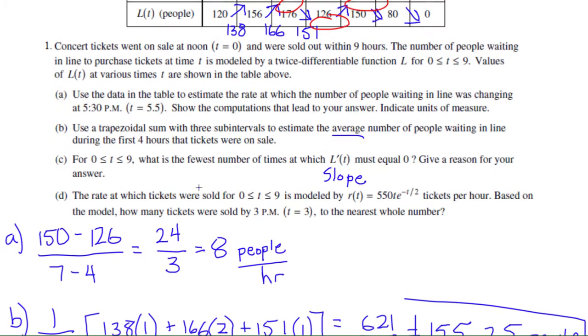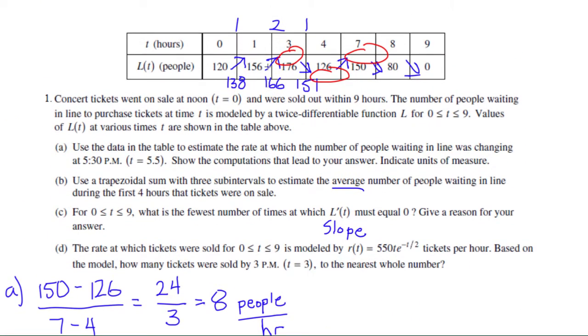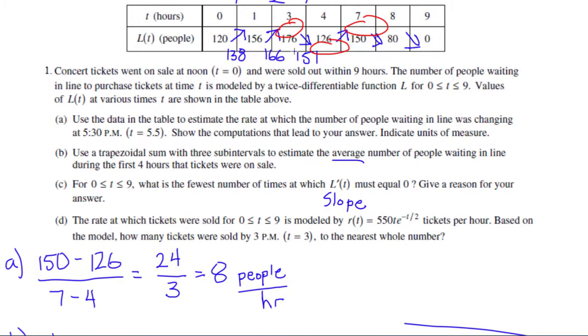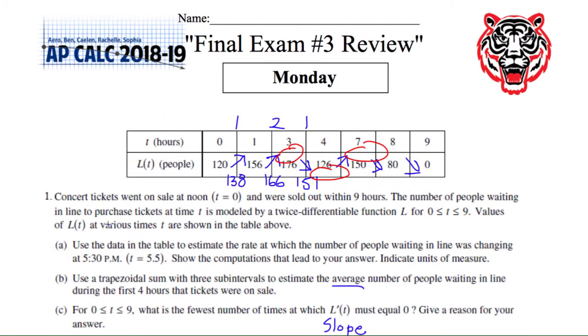So I know that there should be a relative extrema somewhere between 156 and 126, because between these 2 points I have this red circle. Does that make sense? Kind of. Well, I know that between 156 and 126 there's a bigger number, which means somewhere in between I will have a relative extrema.